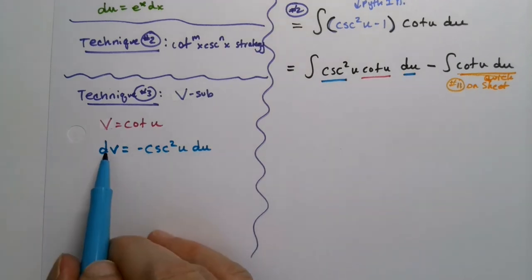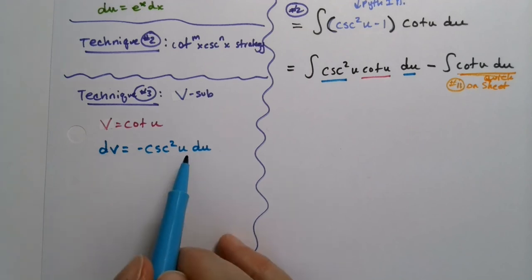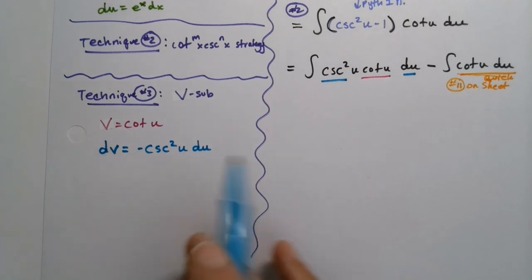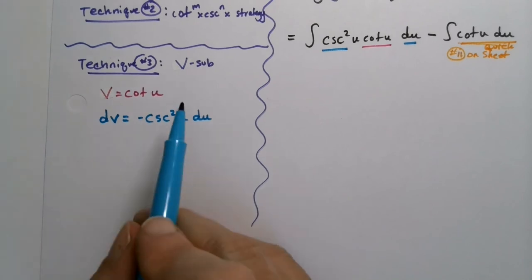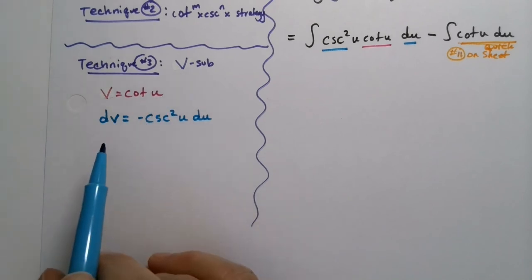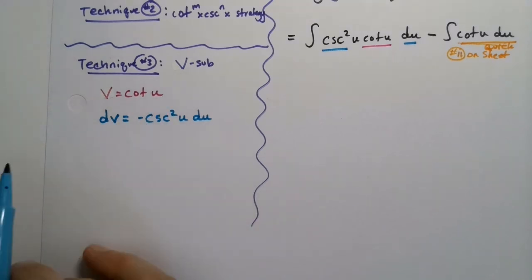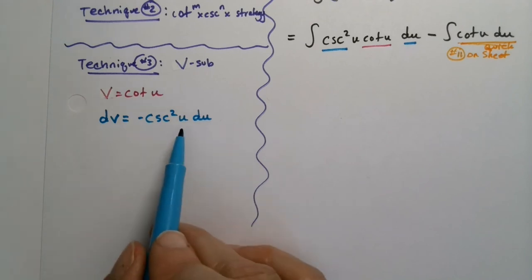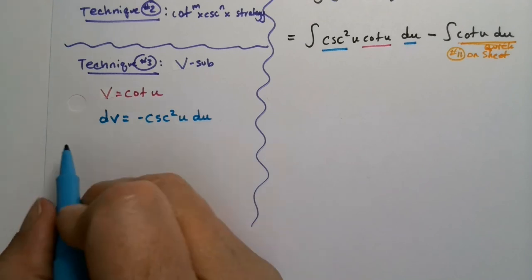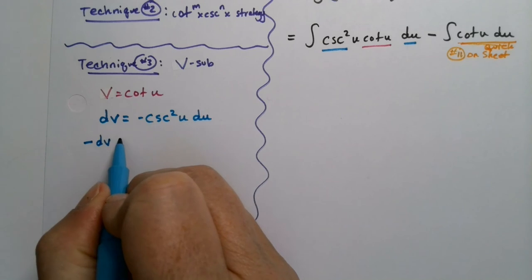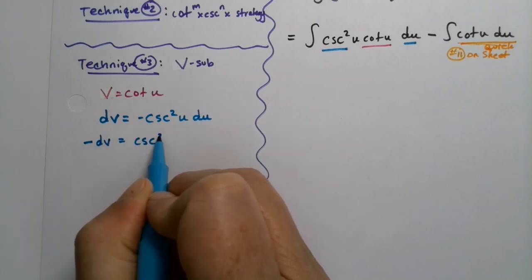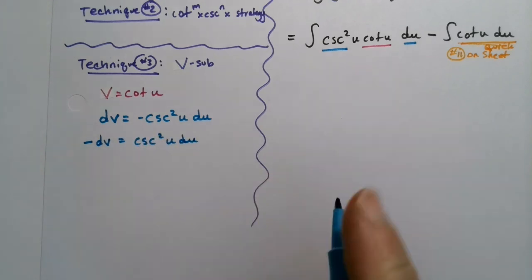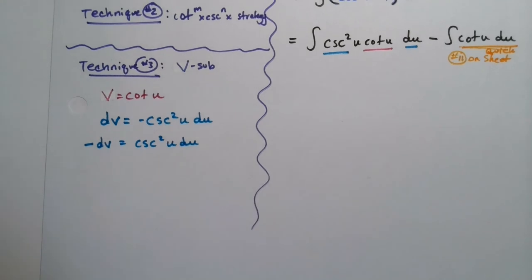You need to make it so that your v's and your u's distinctly look different. As I got more and more into math, I realized I needed to. So by all means, do the same. Okay, so that means that I want negative dv, because that would be equal to the cosecant squared of u du.